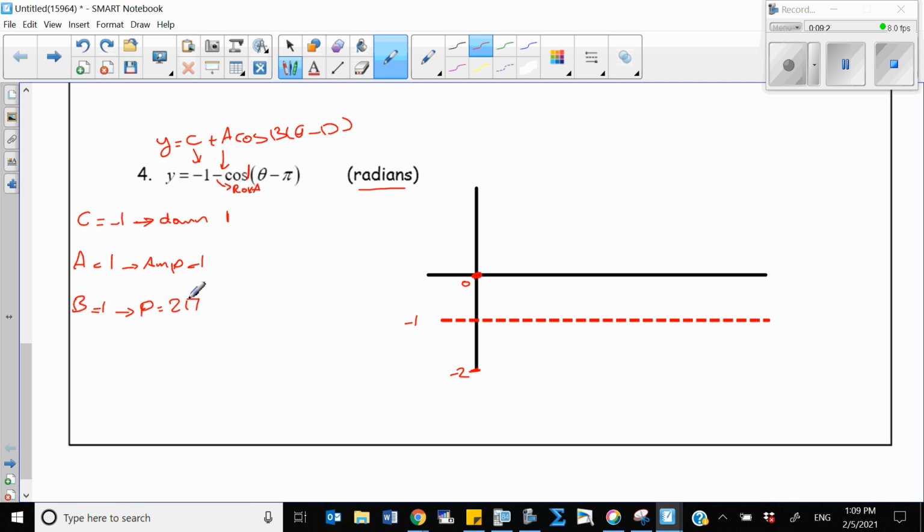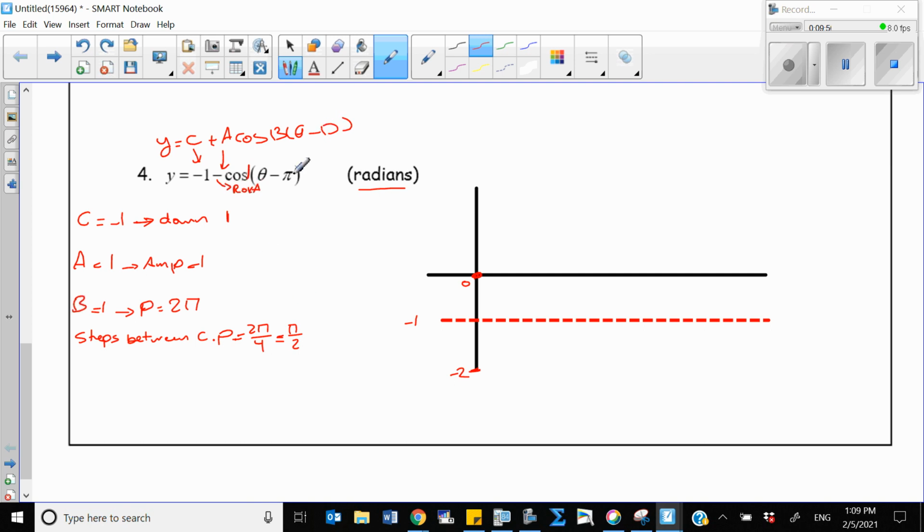Now I can find the steps between critical points: 2 pi divided by 4. To find the steps, you divide the period by 4. Simplifying, 2 divided by 2 is 1 and 4 divided by 2 is 2, so it's pi over 2.